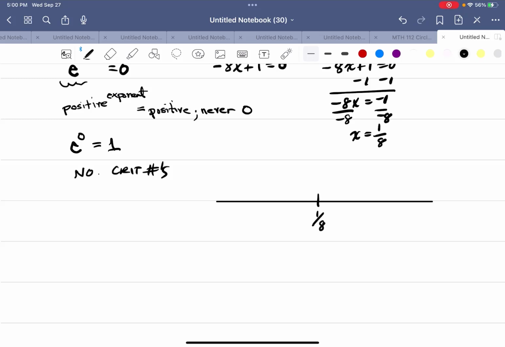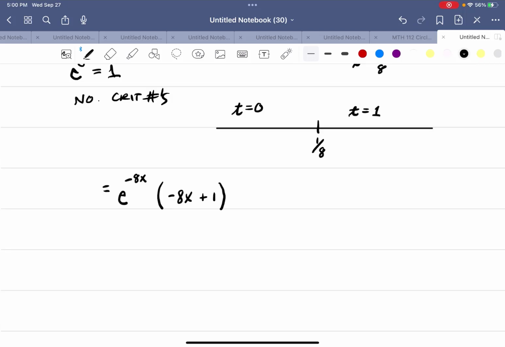And we pick a test point on the left. 0 is smaller than 1/8. And a test point on the right, and I'll just pick a 1. That's bigger than 1/8. I have to test my points in my derivative. So my first test point in the derivative is 0.